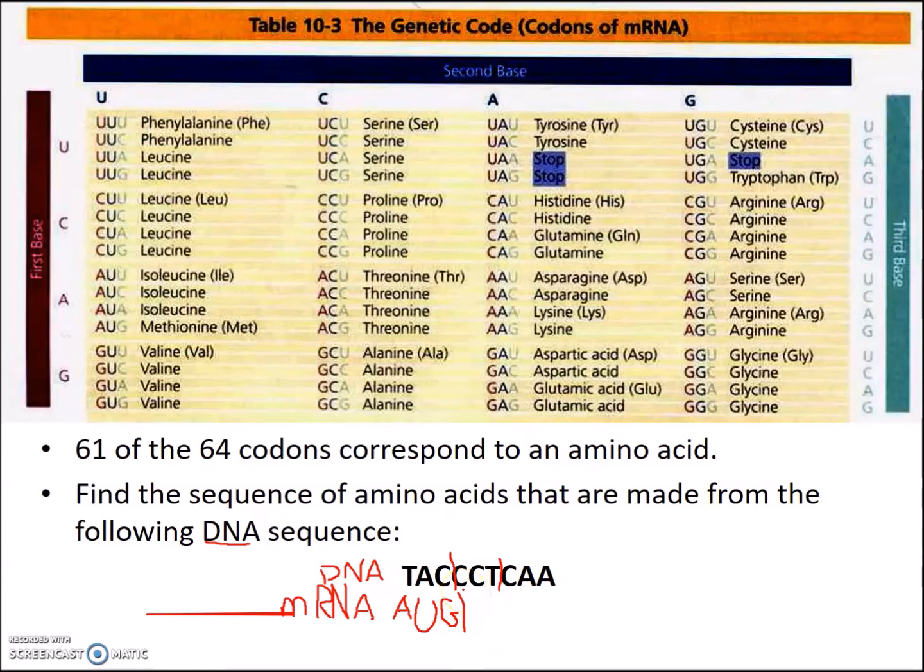Then our next triplet in DNA is CCT. In messenger RNA, we'll write the complementary bases. G, because guanine is complementary to cytosine, so CC means GG. Thymine, what's complementary to thymine? Adenine. Adenine exists in messenger RNA, so our next triplet is GGA in the language of messenger RNA.